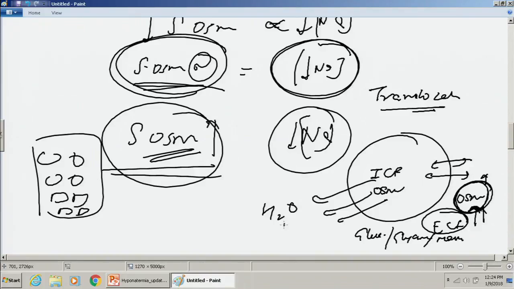As soon as this water comes outside, the water molecules go up, and that causes lowering of the sodium. So we're calling this translocational hyponatremia. One more time, when water comes out of the ICF to the ECF because of osmotically active substances in the ECF, we call this entity translocational hyponatremia, okay?